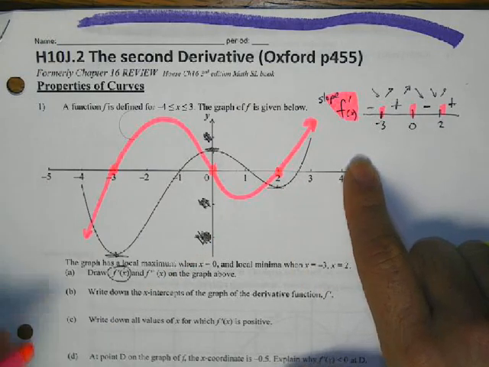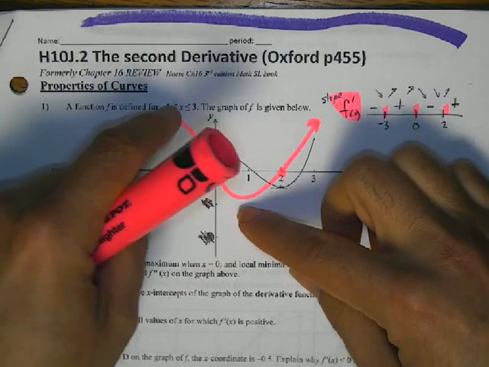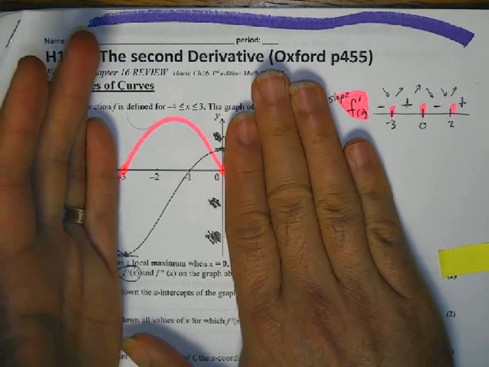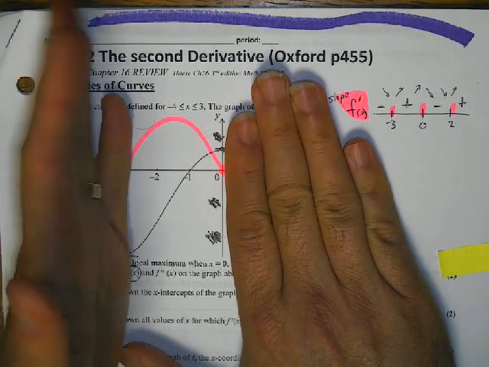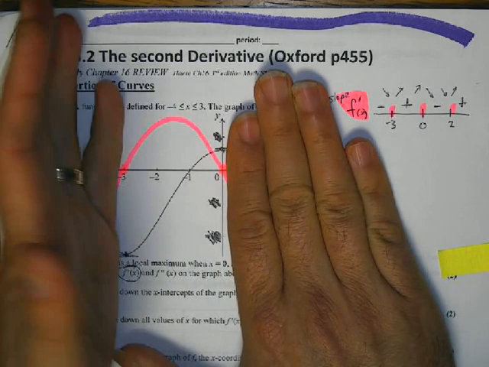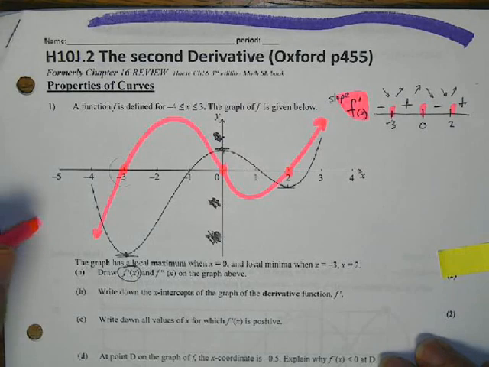The height is not so important. It's just that between here and here, the graph is going up, so the derivative is positive, above the x-axis. Okay, so this is the graph of the first derivative.